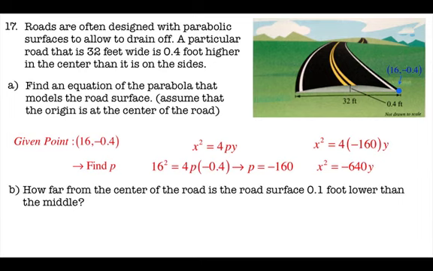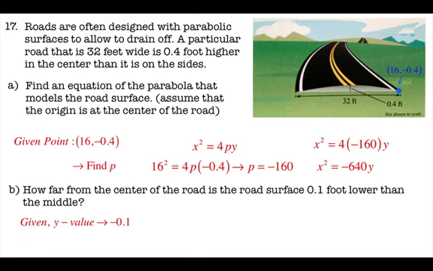Here's part B. How far from the center of the road is the road surface 1/10 foot lower than the middle? Again, what you need to understand is this is a y value, the 0.1, and it's actually negative 0.1.